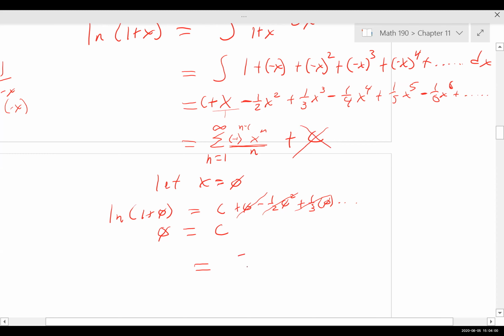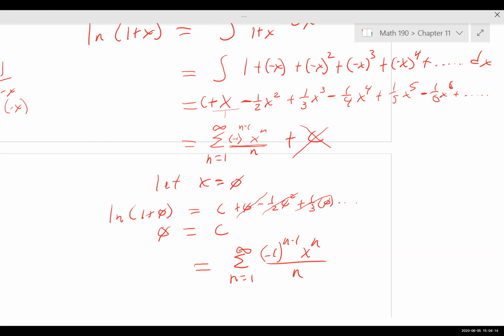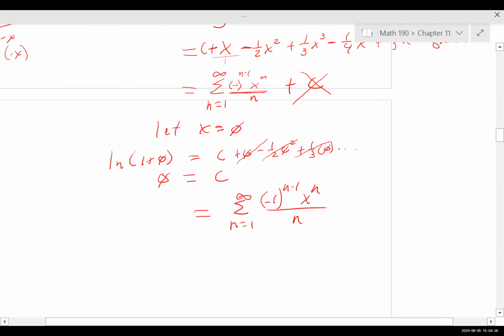And so this thing is just the sum from n equals 1 to infinity of negative 1 to the n minus 1, x to the n, all over n. And that's the power series for that one.